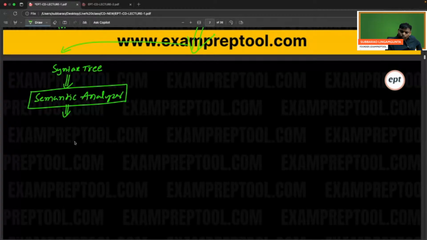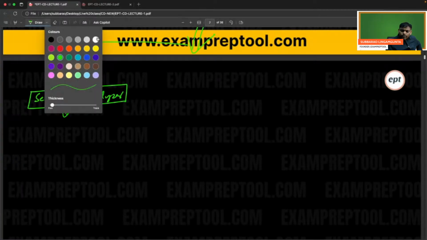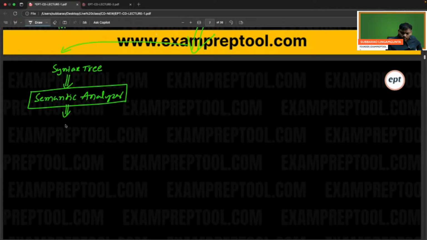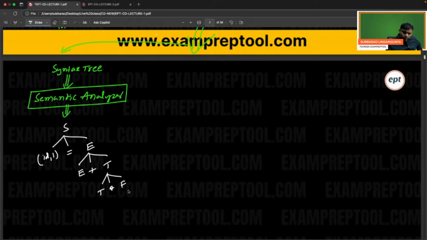Now you will get one more clarity. Everyone observe. S goes to ID1 equal to E. E goes to E plus T. T goes to T star F. F goes to ID.